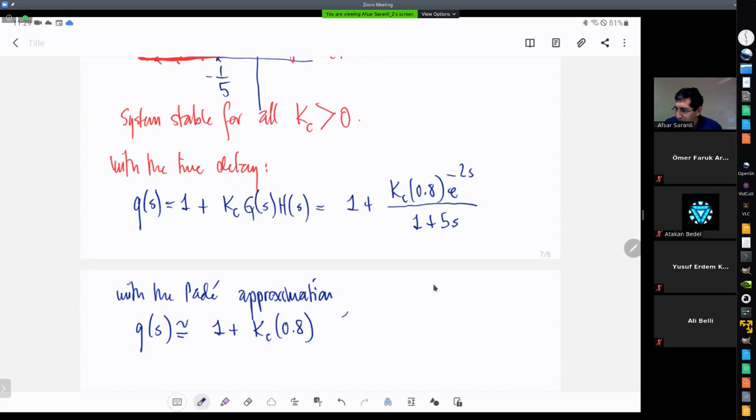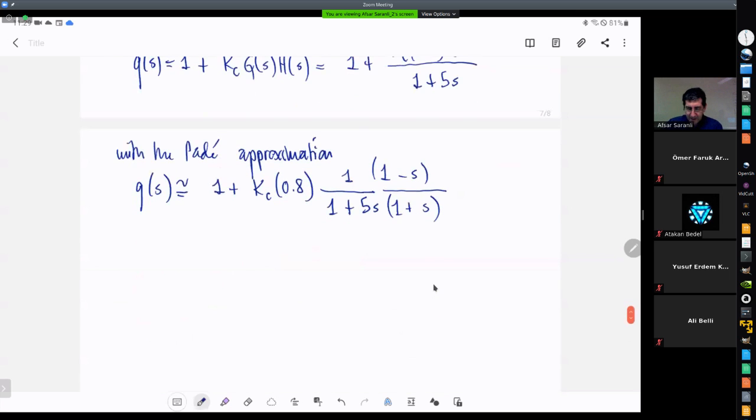Now I have 1 over 1 plus 5s as my original transfer function, but I also have 1 minus s and 1 plus s coming from the Padé approximation. Remember, it is 1 minus half of the time delay times s and 1 plus half of the time delay times s. Okay, so let me calculate the characteristic equation equals 0.